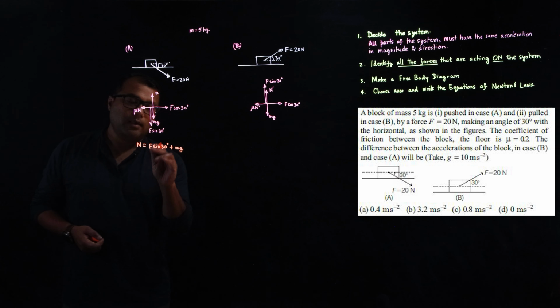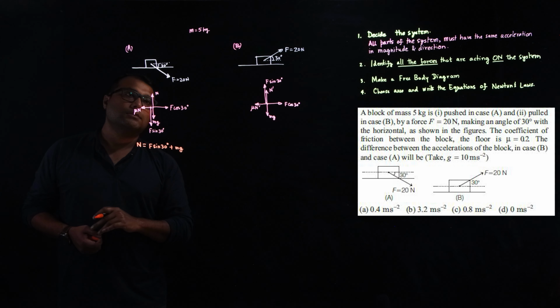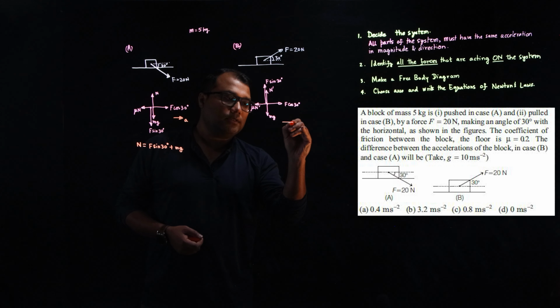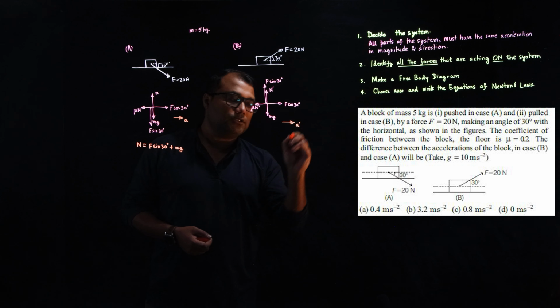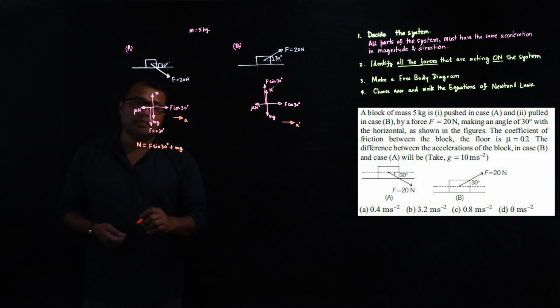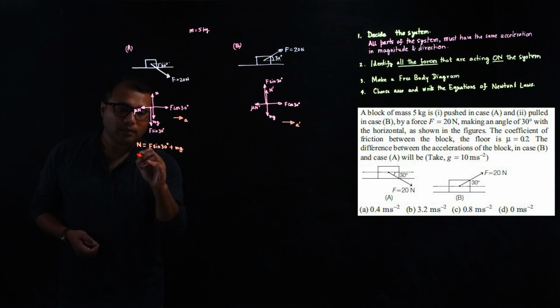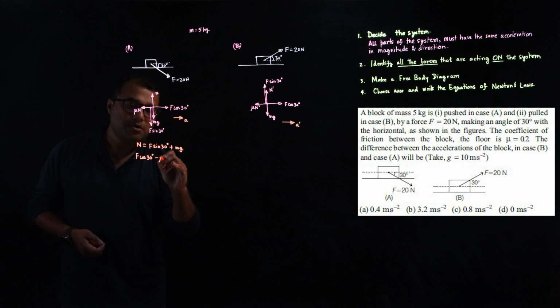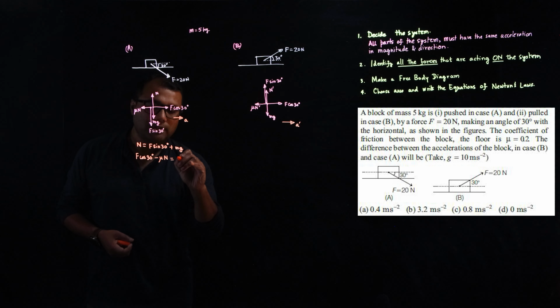There is acceleration in this direction here and acceleration in this direction here. Now F cos 30 degree minus mu N is responsible for the acceleration of the body, so ma.